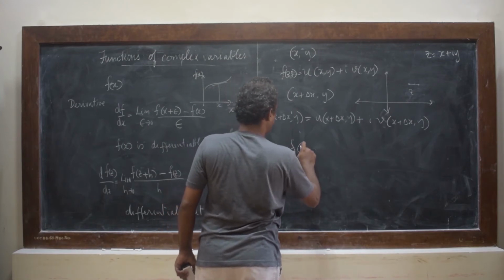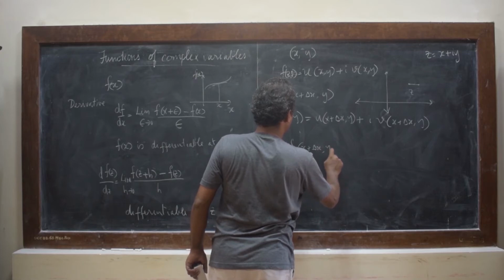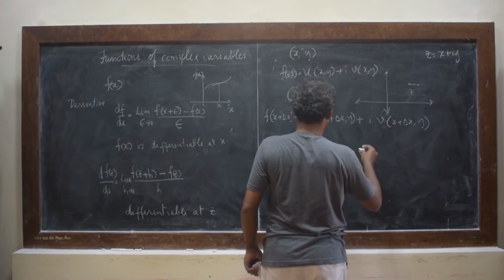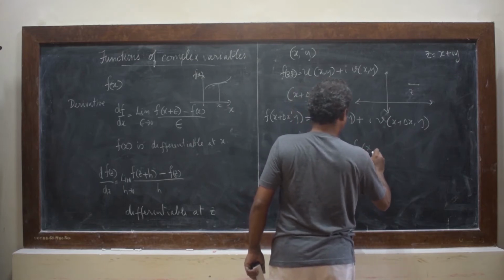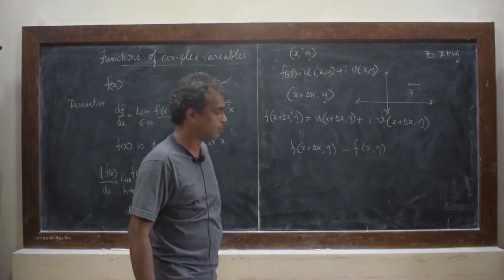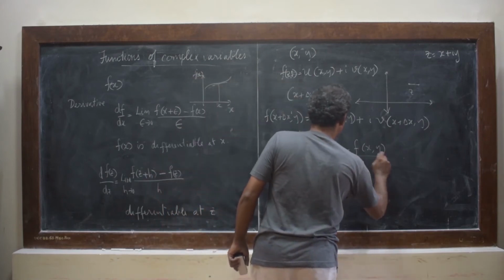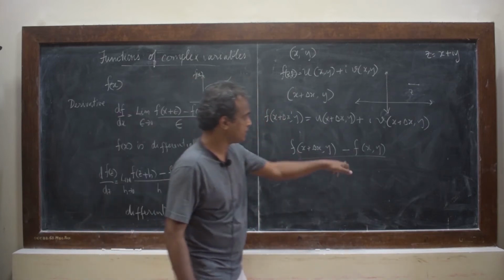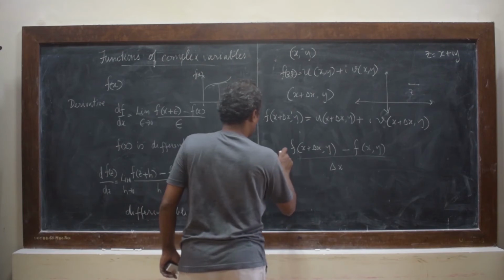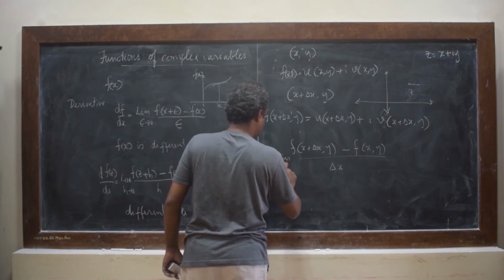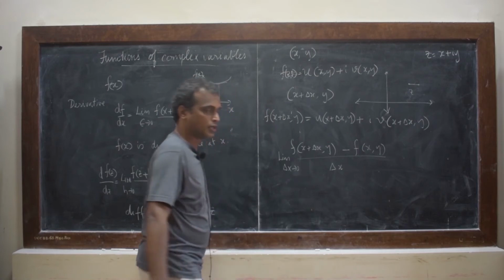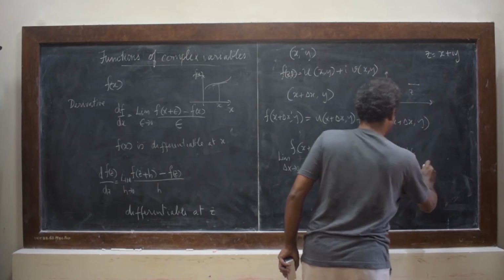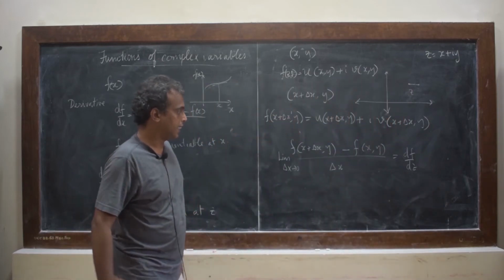If I take f at x plus delta x comma y, which is this point, and find its difference with f at the point x comma y, and divide it with the difference between the 2 points, which is delta x, and take the limit delta x tends to 0, I should have got the derivative of f at the point z.